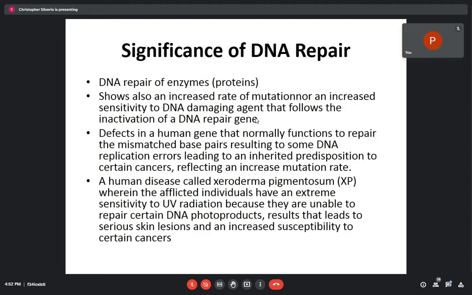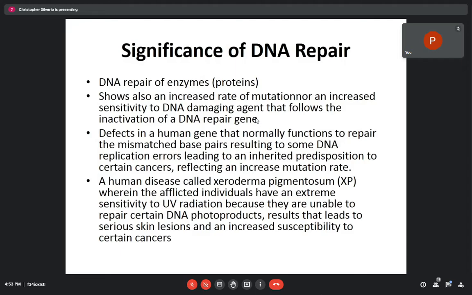When the DNA is transcribed and then translated into protein, the protein that is synthesized will be abnormal. And when it is abnormal, the protein or the enzyme could not be used in the normal metabolic processes.